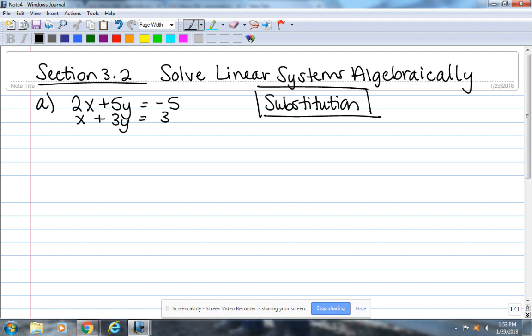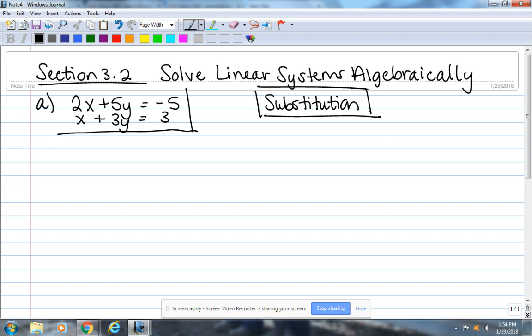Now, for substitution method, here are my 2 original equations for this one. I'm going to put a box around my original equations because it's important when you're doing a system to know what the original equations were. What I want to do when I'm using substitution is get a variable by itself.